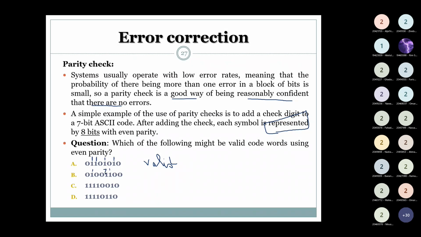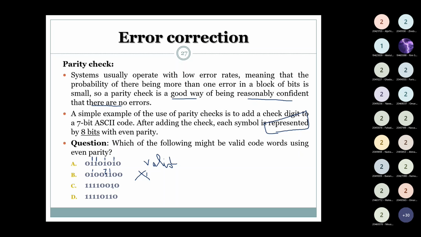We have 3 ones, which is an odd number, so it is invalid. For C, 1, 2, 3, 4, 5. Is it valid or invalid? It is invalid because we have an odd number of ones.